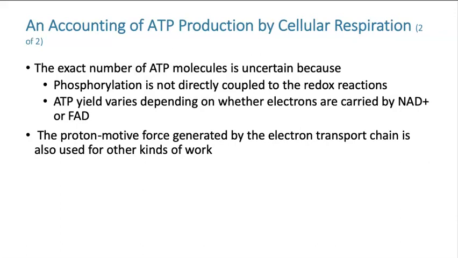So we're just memorizing the basics of the process and keeping those numbers in mind, but it does vary. Also, the proton motive force generated by the electron transport chain is used for other kinds of work. So if some of the other work needs to be done, then we won't make as many ATPs.